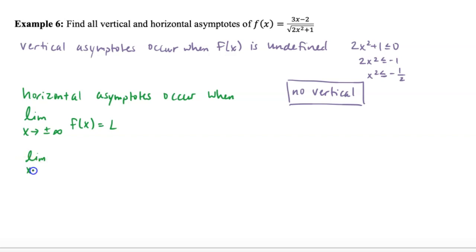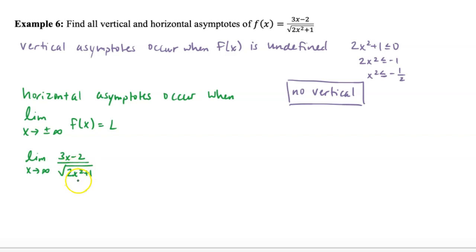The limit as x approaches positive infinity of 3x minus 2 divided by the square root of 2x squared plus 1. Now, if I were to plug in infinity, or if I were to plug in an infinitely large value, my numerator is going to get larger and larger, and my denominator is going to get larger and larger. And so for that reason, I'm going to use that technique of dividing by the highest power of x in the denominator.